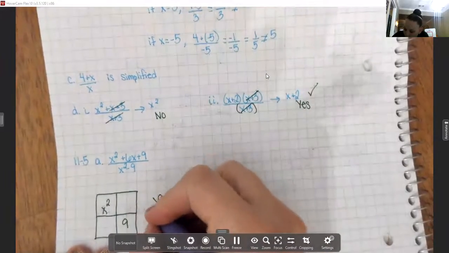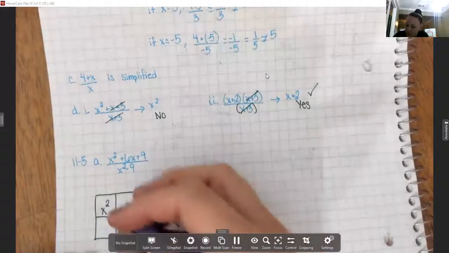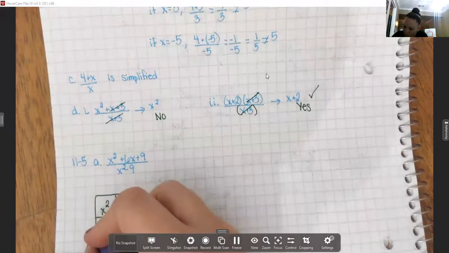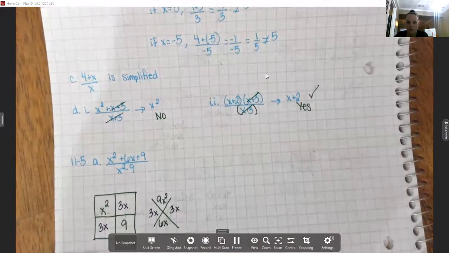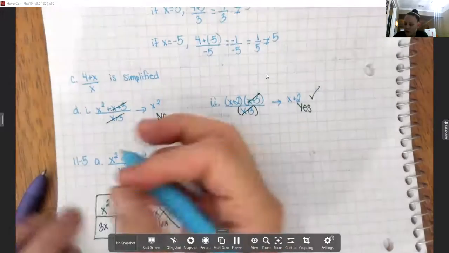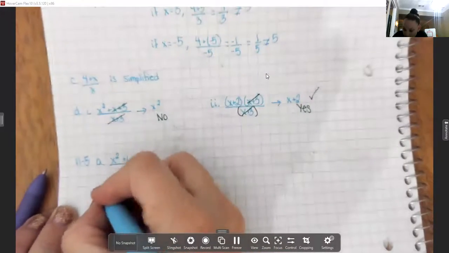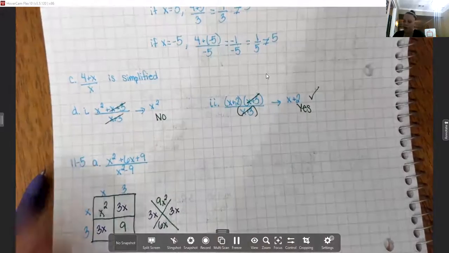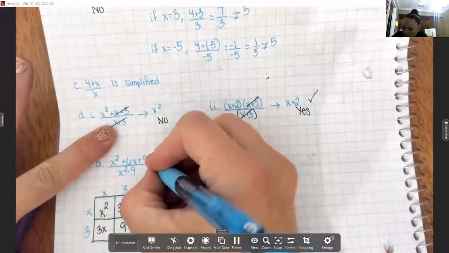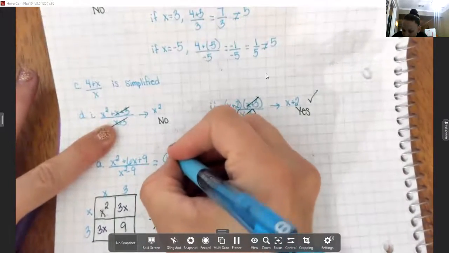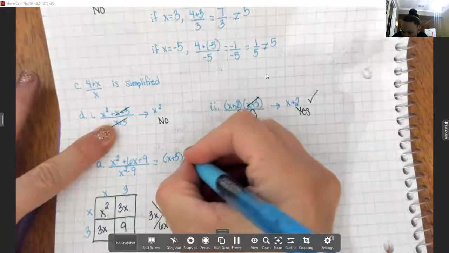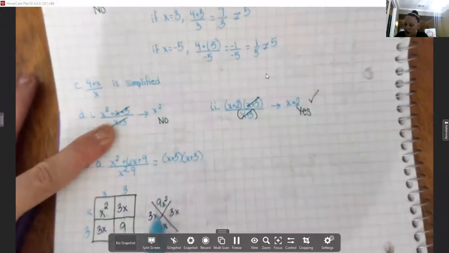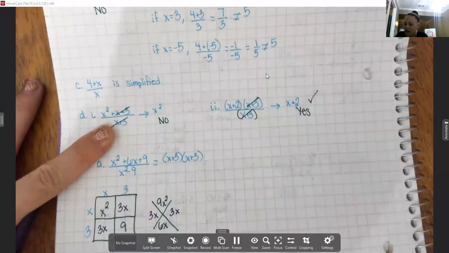So this would be 3x and 3x. And so getting the outsides of our box, x, x, 3, and 3. So our numerator can be rewritten as x plus 3 times x plus 3. So again, I just took my x squared plus 6x plus 9 and I factored it.